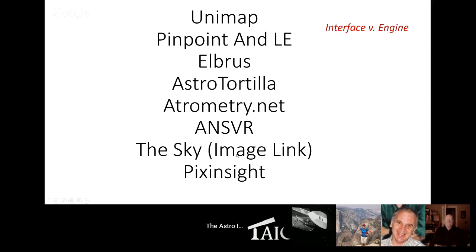The Sky has a whole other system that they don't call plate solving, they call ImageLink. And ImageLink works the same way. The concepts behind it are the same. It finds patterns in the sky. Those patterns are coded, and it matches patterns that they've already looked through.